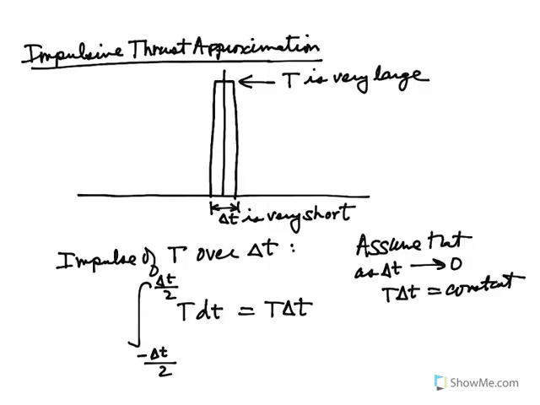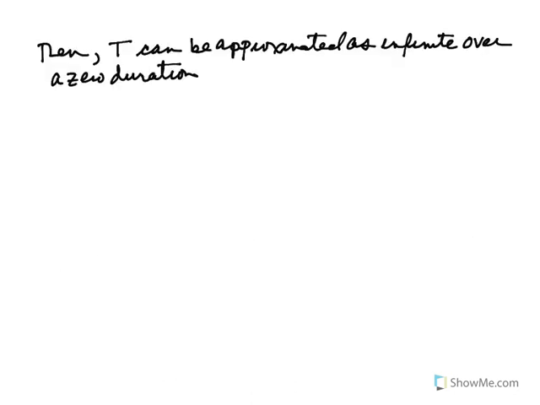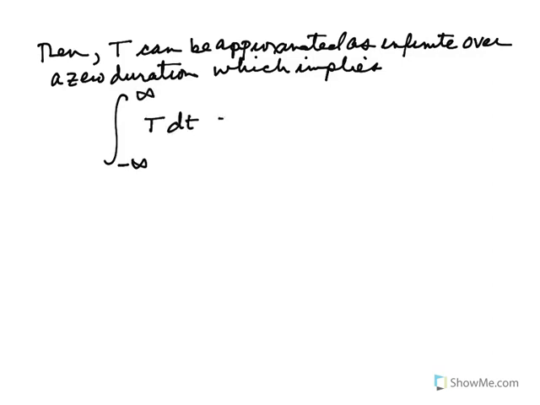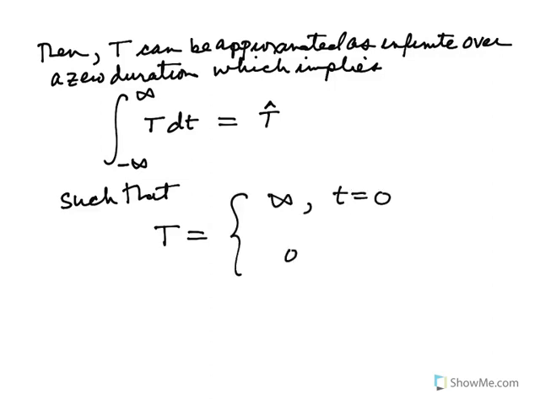And what I'm going to do is write T times delta t is equal to T hat. So that implies, because T times delta t is constant, that the integral from minus infinity to infinity of T dt, which is equal to T hat, is the value that we got from that T times delta t, such that T is equal to infinity when t equals 0 and is equal to 0 when t is not equal to 0.